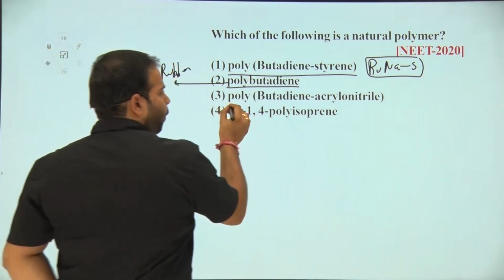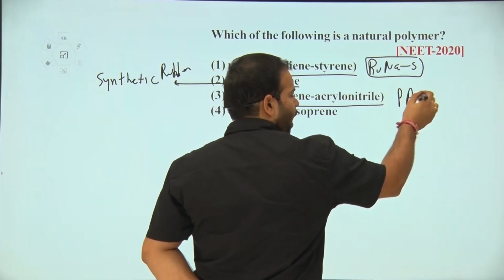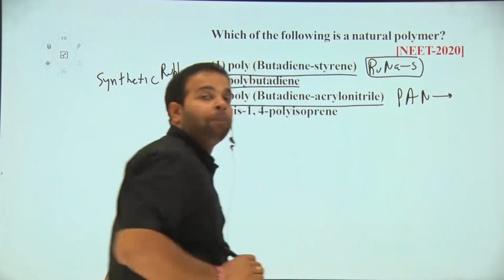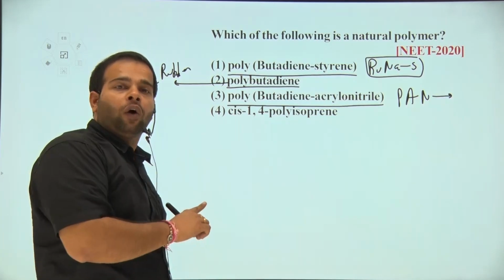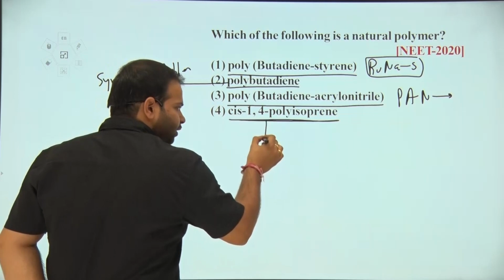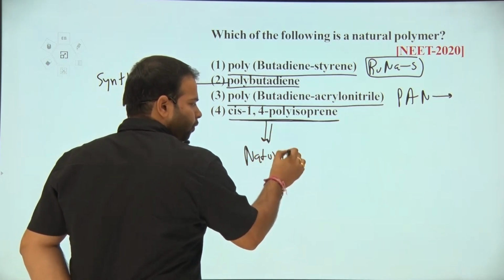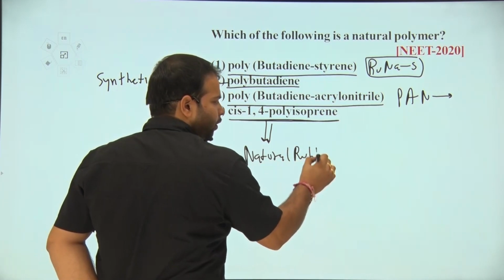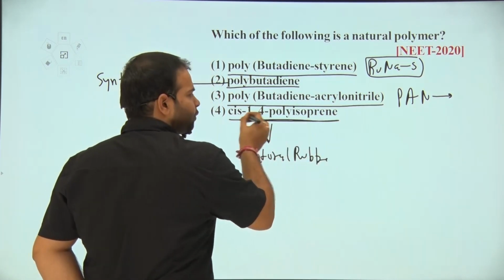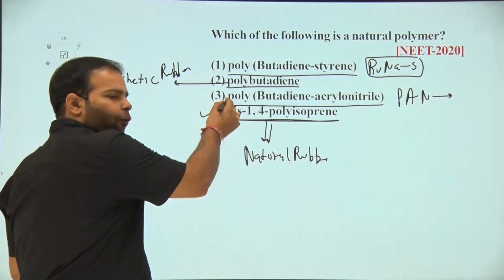Third one, polyacrylonitrile, also known as PAN or Orlon, is also a synthetic polymer. And the last one, cis-1,4-polyisoprene, is the name of natural rubber, formed by the cis form of isoprene. Clear? So in this case the answer will be fourth.